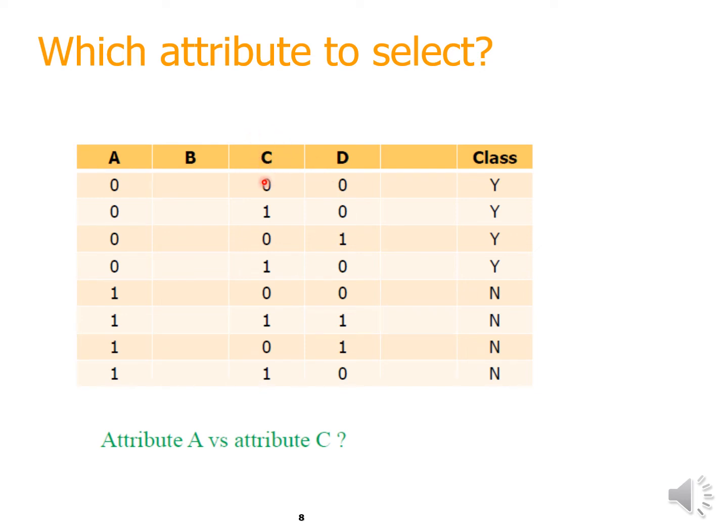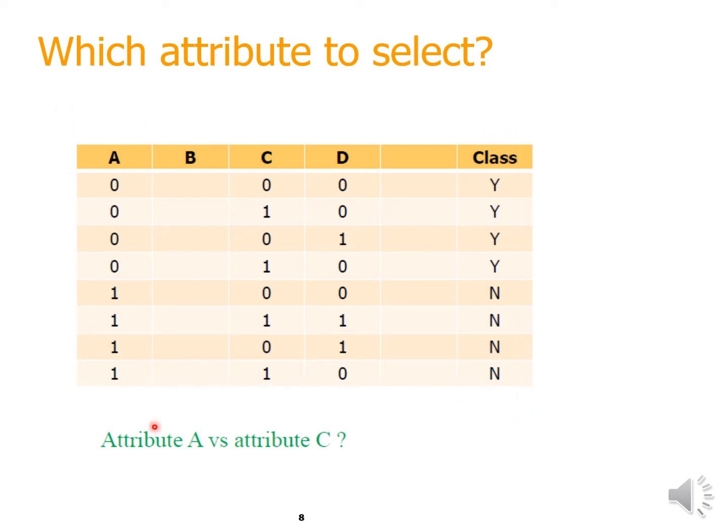So again, our goal is to predict the class value correctly. In attribute A's case, if you know the value of A, 0 or 1, it actually determines the class value.